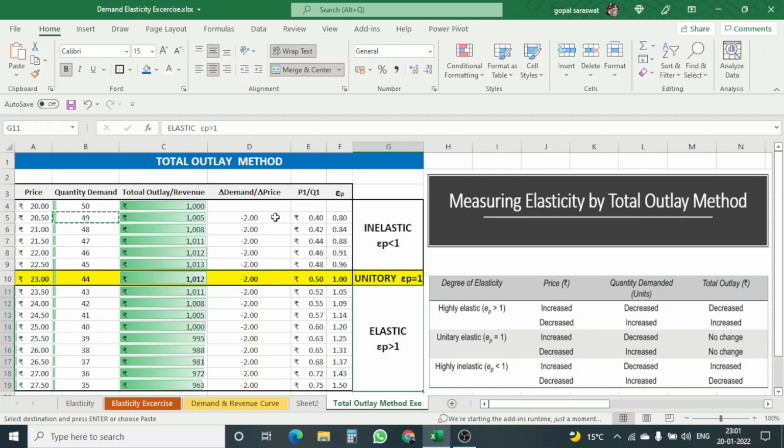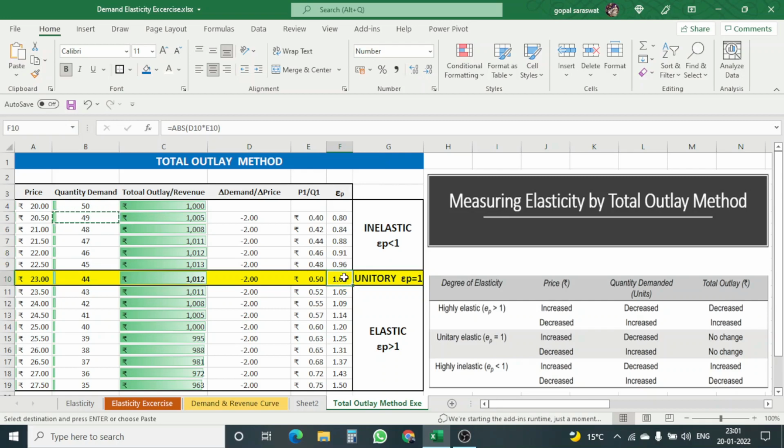So when you do that, you are able to calculate elasticity. I first calculated the change in demand upon change in price. Then I calculated P1 upon Q1, which is the previous price and previous quantity demand. When I multiplied these two, I got absolute elasticity. So elasticity here is 1.